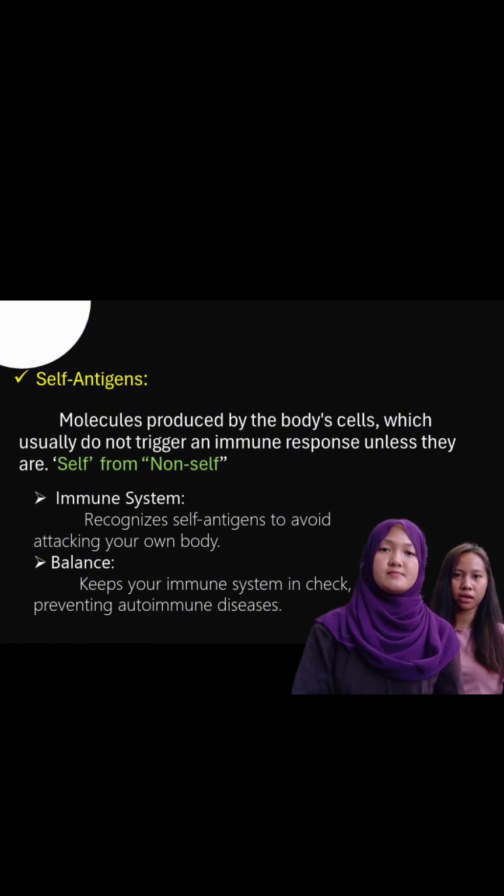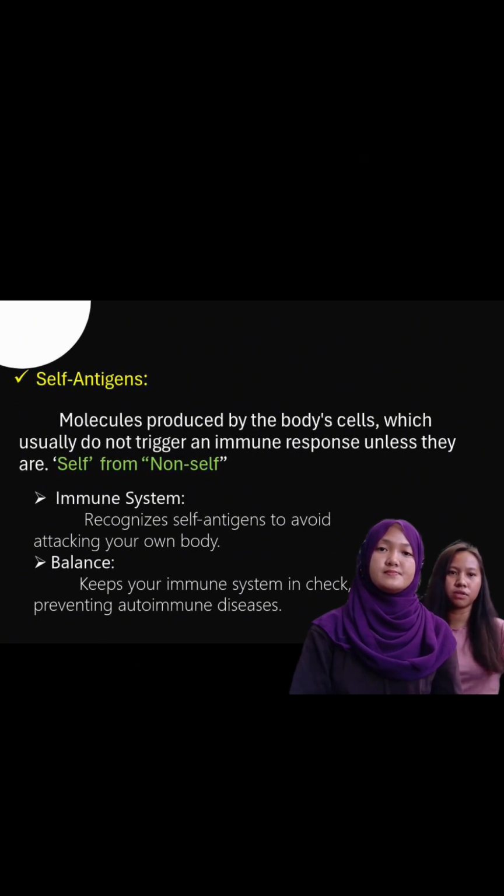So just like the autoimmune disease, it is a condition in which the body's immune system attacks its own cells and tissues, mistaking them as threats even though they are actually part of the body. Instead of providing protection against foreign invaders or microbes, the immune system becomes hostile towards the body's own organisms.